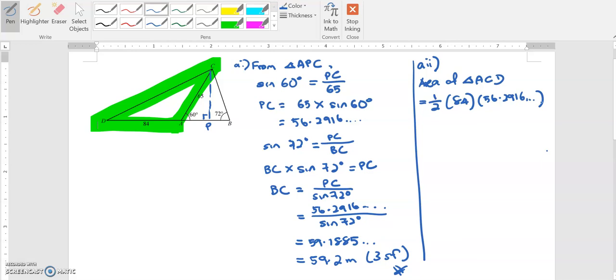I actually use the full figure. I actually stored it in my calculator for calculation purposes. So if I were to calculate, this gives me 2,364.249, and so on and so forth. Question wants me to leave my answer in 3 significant figures. So this is my 4th figure, and it decides to round down instead.